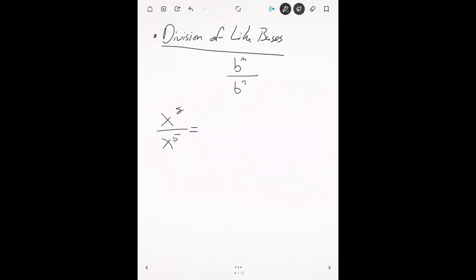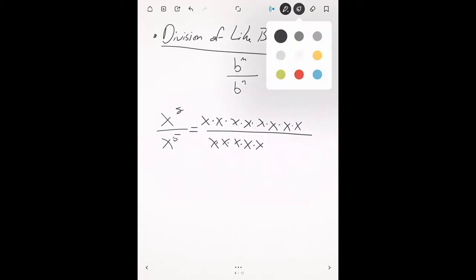I'm going to take the problem x to the 8th over x to the 5th. That means I have 1, 2, 3, 4, 5, 6, 7, 8 x's on the top, and 1, 2, 3, 4, 5 x's on the bottom.